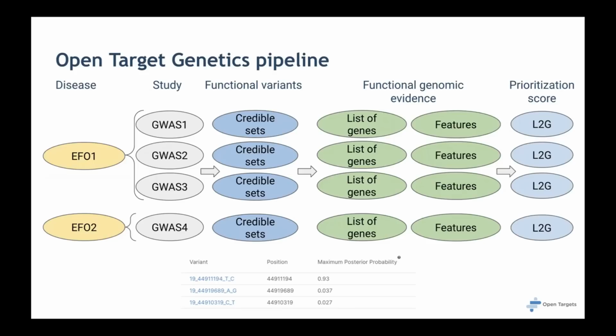The second one: within each disease, each EFO term, we have at least one study that represents a GWAS. Each GWAS is converted into a credible set.